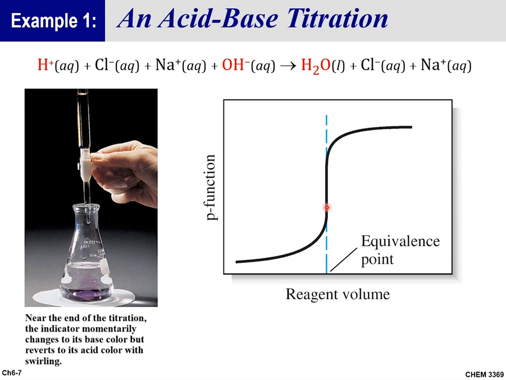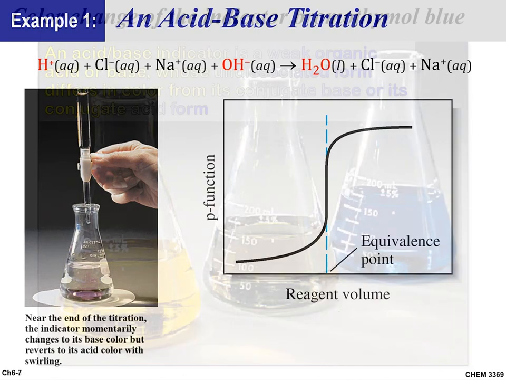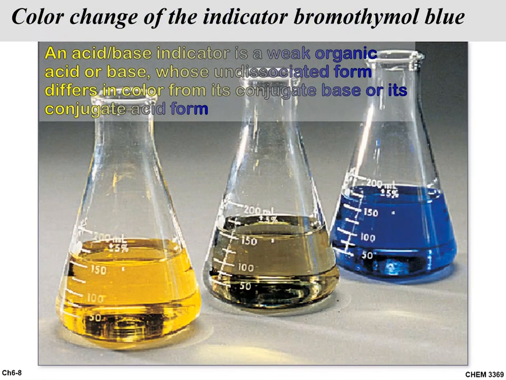So we are talking about acid-base titration. This is a reaction for a titration of hydrochloric acid with sodium hydroxide. So this is a neutralization titration. The product is water and some ions. So what are these indicators and why do they change colors in acid-base titrations?